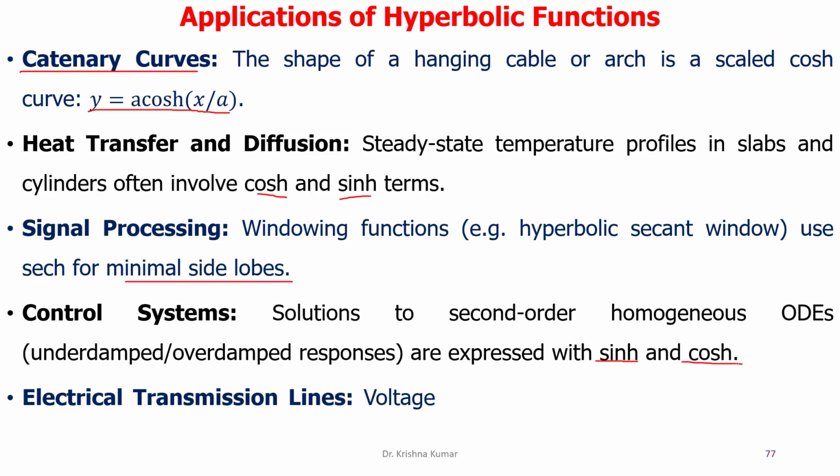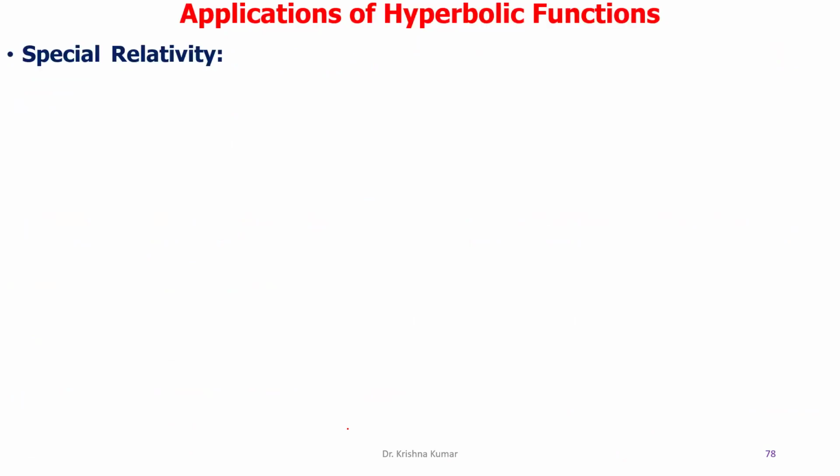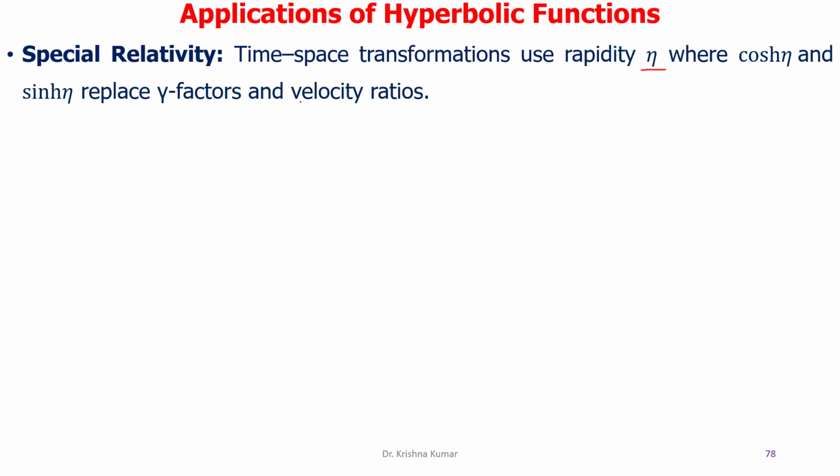Now, in electrical transmission lines, voltage and current distribution along lossless lines use hyperbolic functions. In special relativity, time-space transformation uses rapidity eta, where cos hyperbolic eta and sine hyperbolic eta replace gamma factors and velocity ratios.